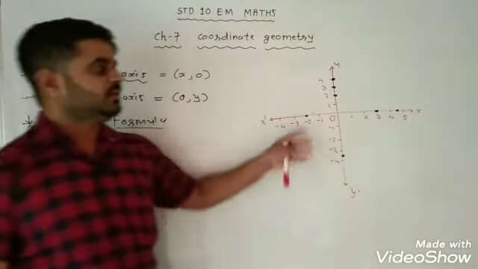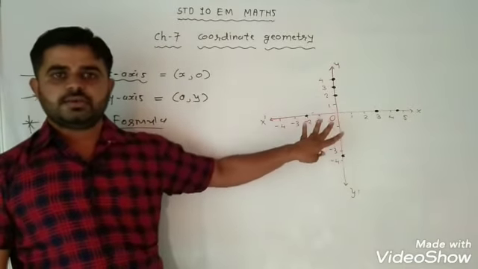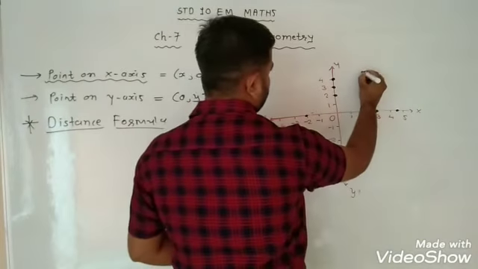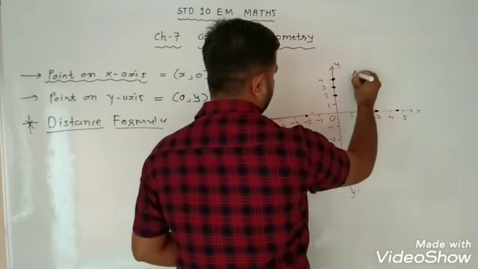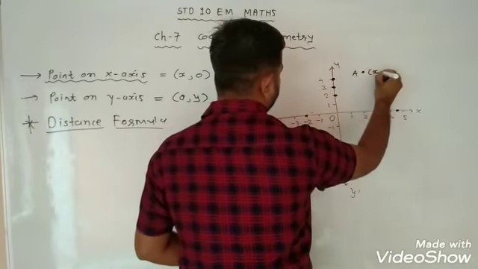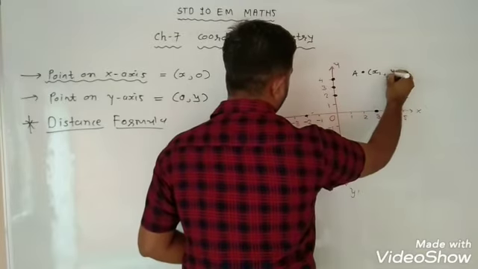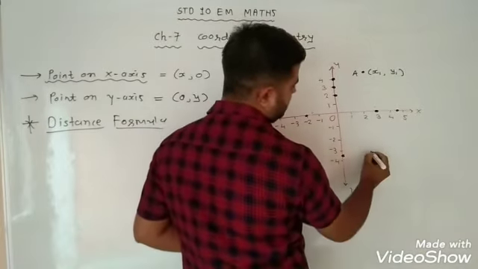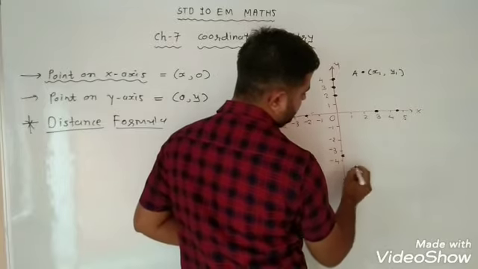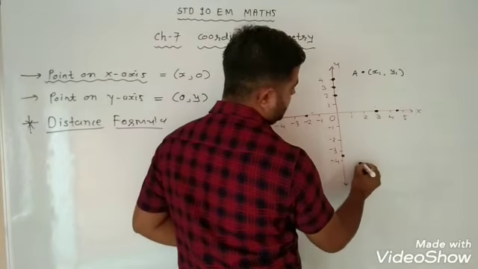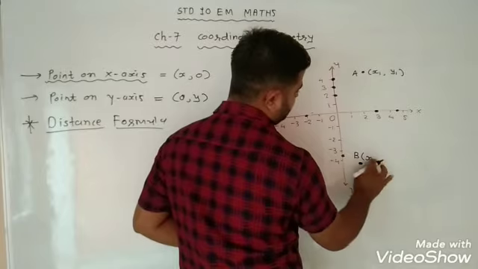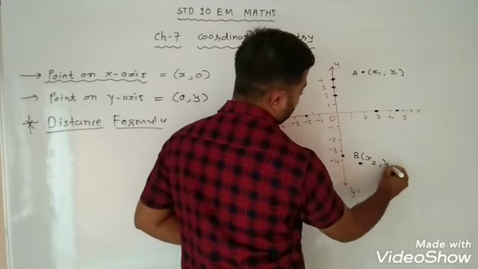Okay, in this Cartesian coordinate system, here the first point is A, and the coordinates of this point are x1 and y1, and another point lying on this, suppose I write it here, point B, and the coordinates of point B are x2 and y2.